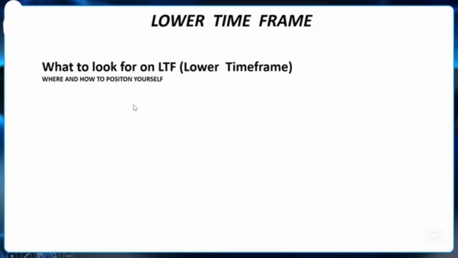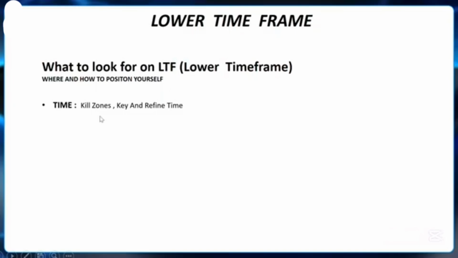The first thing we pay attention to is time. We always want to align our executions with refined key times, specifically kill zones. As I've mentioned before, we'll go deeper into this in another chapter. But for now, just keep it simple.